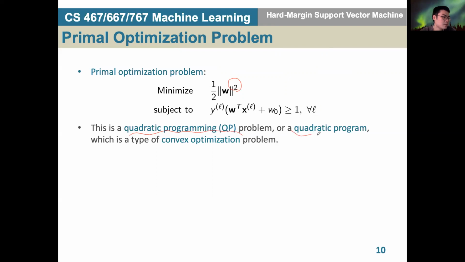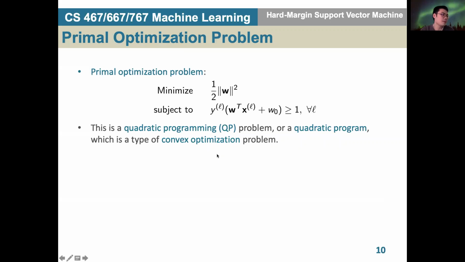You may not be familiar with quadratic programming, but you must be familiar with linear programming. Linear programming means your target function is linear. Quadratic programming just says your target function is quadratic. The constraint is still linear, by the way, because these are constants times W1 and W2, so those W's are linear. So this is a linear constraint, but a quadratic objective for the optimization. This is called the QP problem.